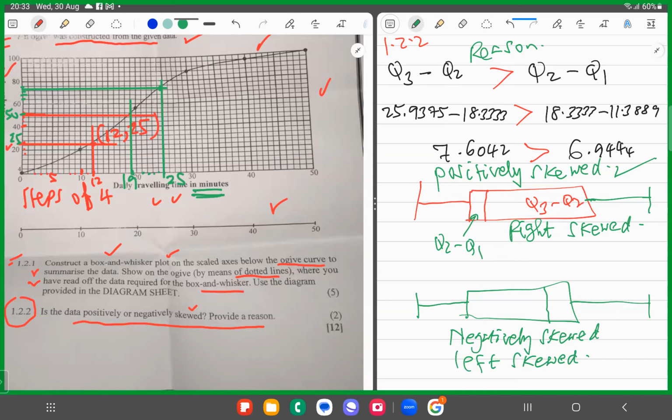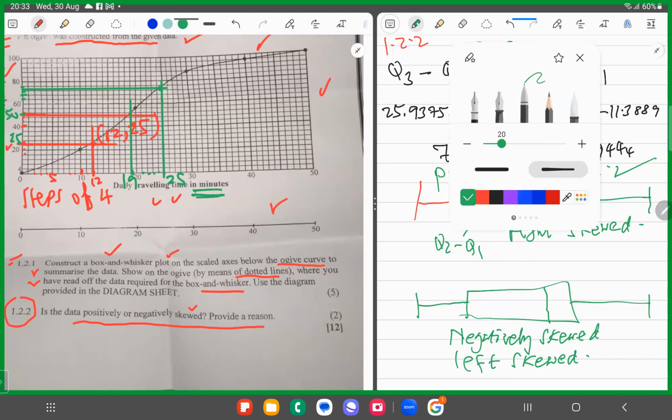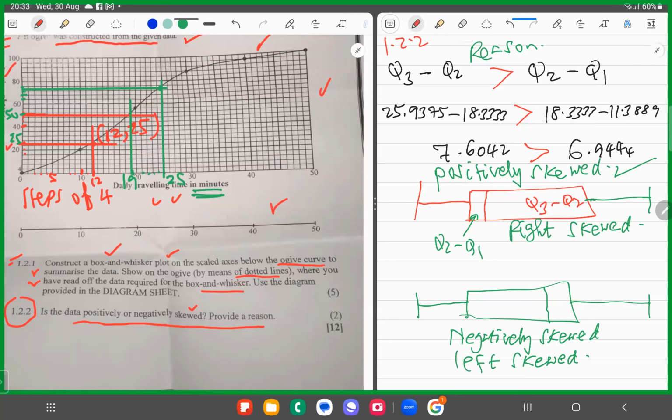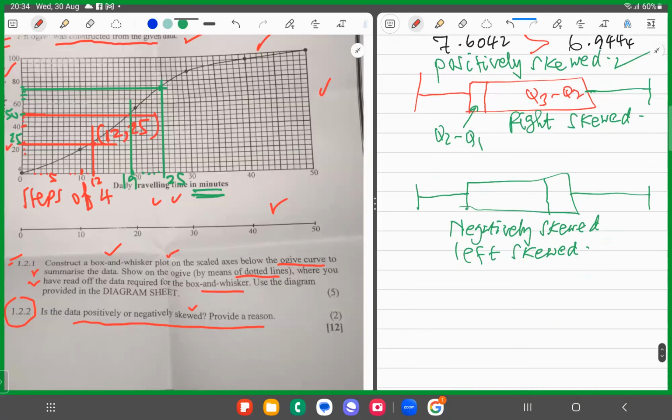Now, negative skewness means that Q3 minus Q2 is smaller than Q2 minus Q1.